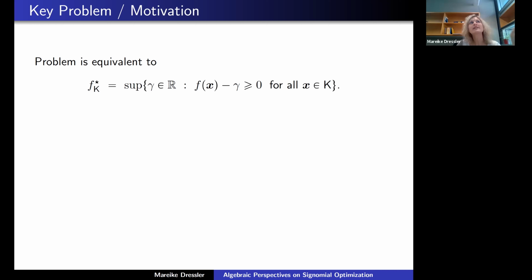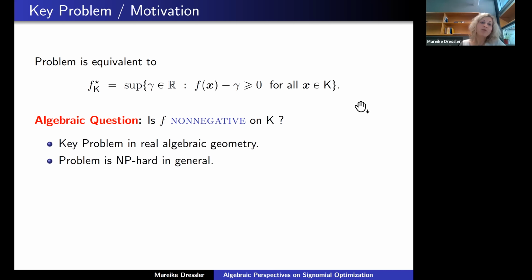So basically what we did is take this optimization problem of Signomial programming and rewrite it in a more algebraic way, which reduces the problem to the algebraic question of deciding non-negativity of a specific Signomial on a specific Signomial constraint set.